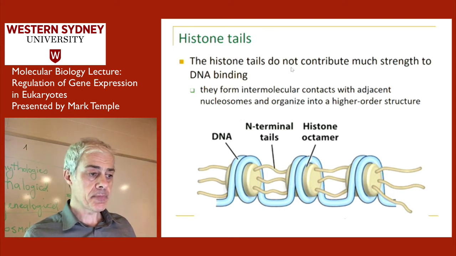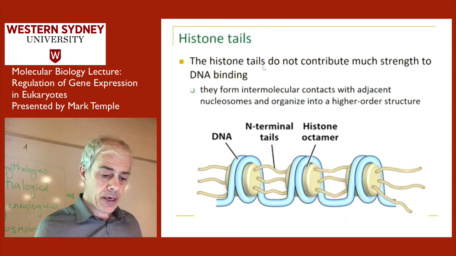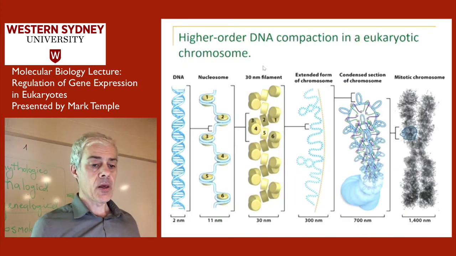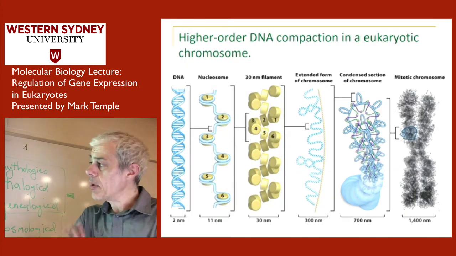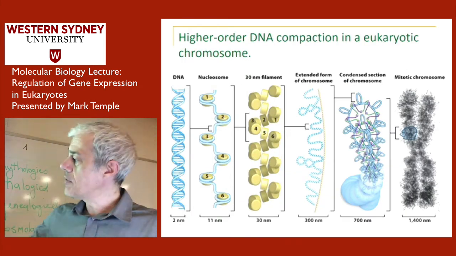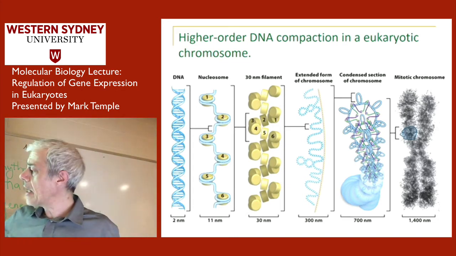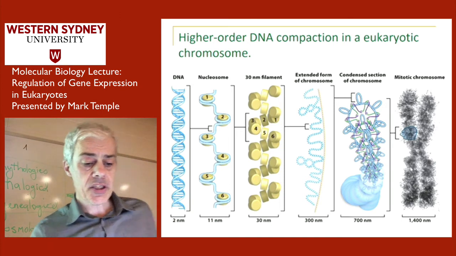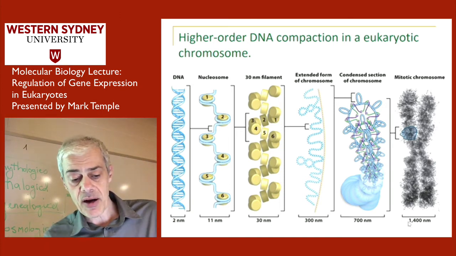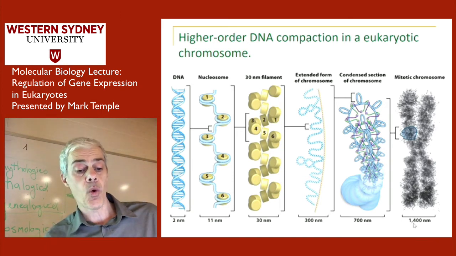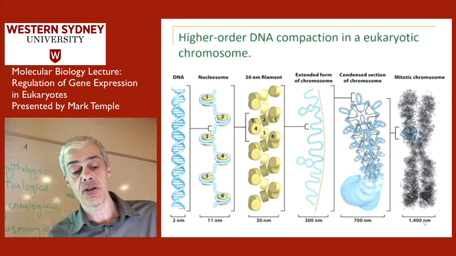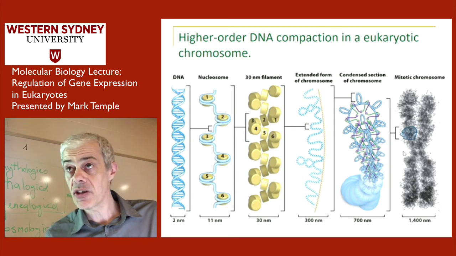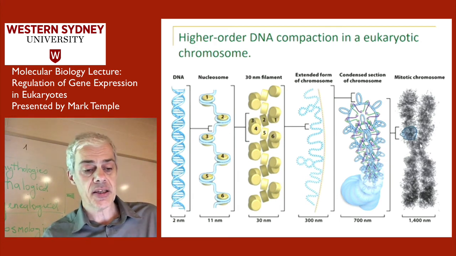Okay, so we're talking about packaging of DNA, and I've said the highest order of packaging of DNA is the chromosome, shown here. If you look at the scale, this is about 1,500 nanometers, so these are huge structures on a molecular scale.